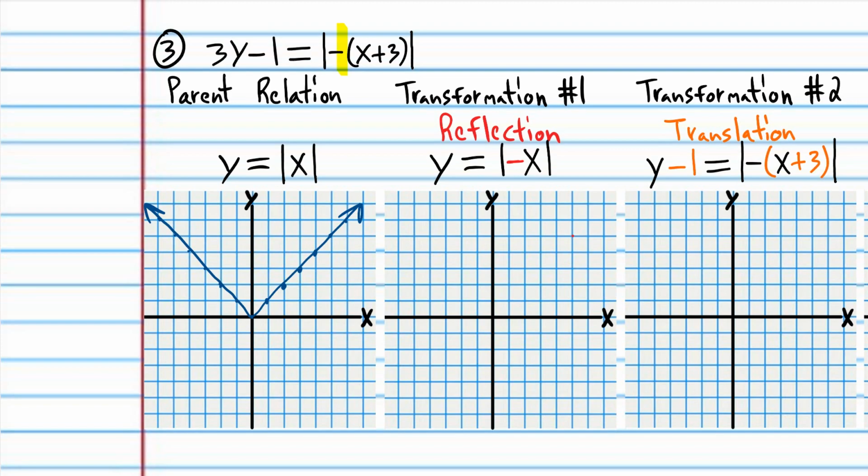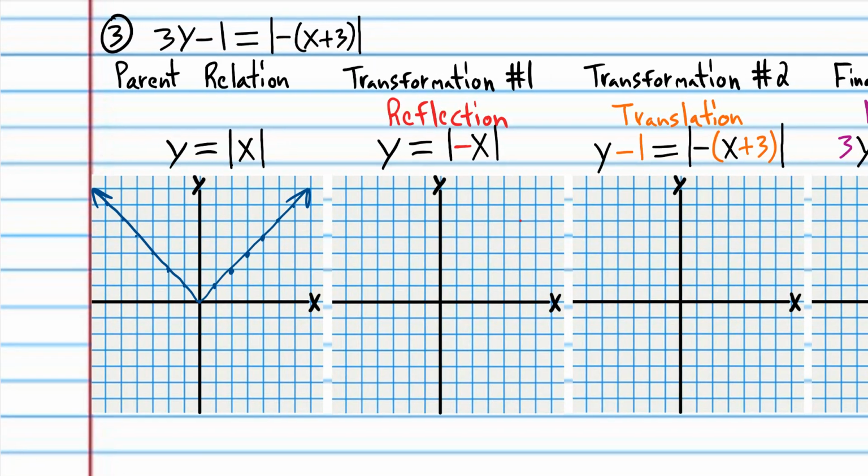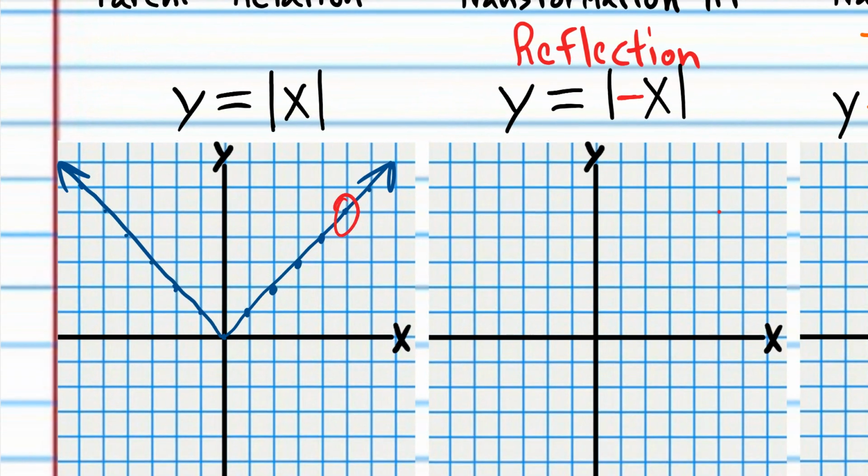So now, you see this negative up here, the negative symbol? We're going to replace x with negative x. So our equation looks more similar to the equation we're trying to graph. So because we're replacing x with negative x, we're going to reflect the graph of the previous equation across the y-axis. So we'll take this point and we'll count 1, 2, 3, 4, 5 units from the y-axis, and we'll go 1, 2, 3, 4, 5 units on the other side.